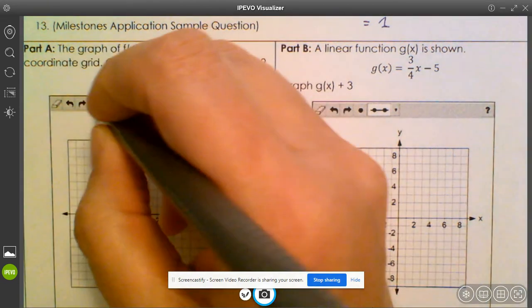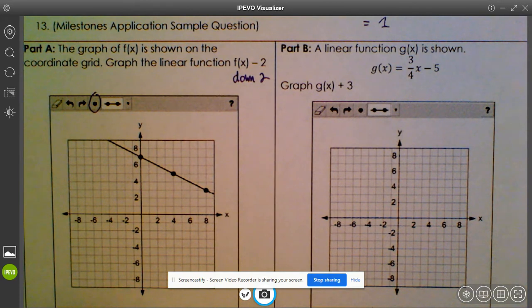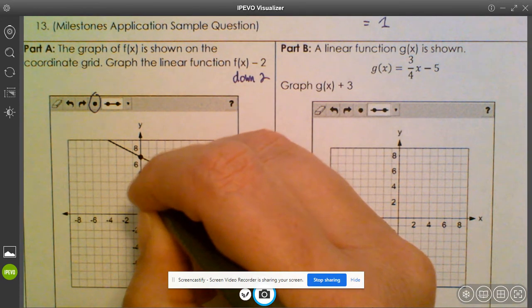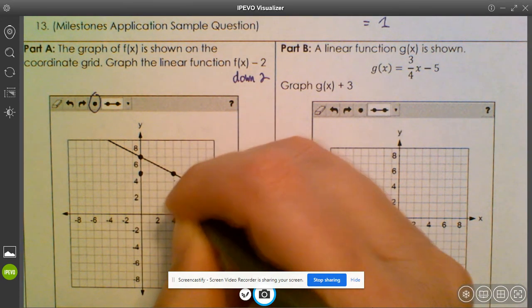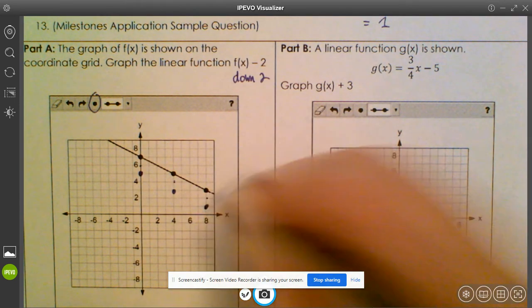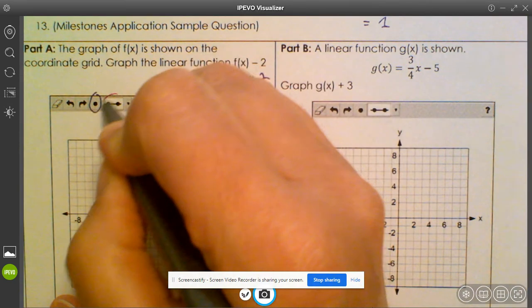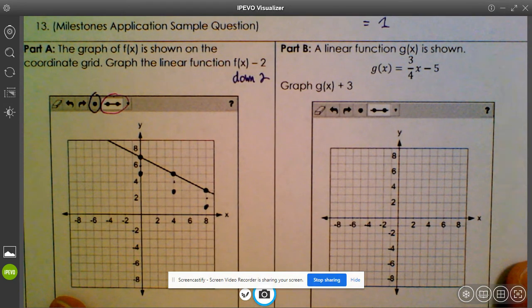So you will choose with your mouse, you'll select the point button. And you'll take each of these points and you will shift them down 2 units. And you'll plot those 3 points. Once you've plotted the points and you're comfortable with them, you will then select the line button or the segment button.